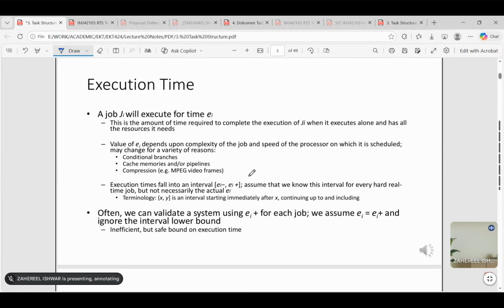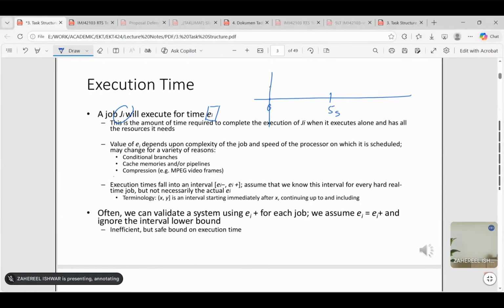Now, a job J sub I, we denote job J sub I by our notation. We execute it for a time. This is the execution time. What is meant by execution time is, for example, if our period is 5 seconds, let's say we start executing the task from time 0.